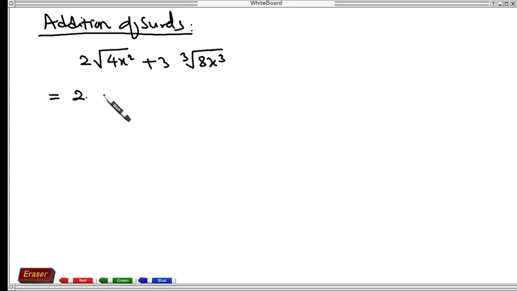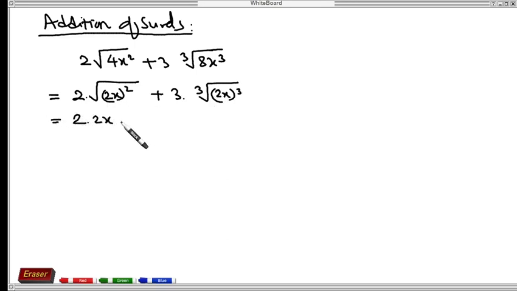So 2 times the square root of (2x) squared plus 3 times the cube root of (2x) cubed, that is 2 times 2x plus 3 times 2x. The order and power are the same, so it becomes 4x plus 6x, which is 10x.